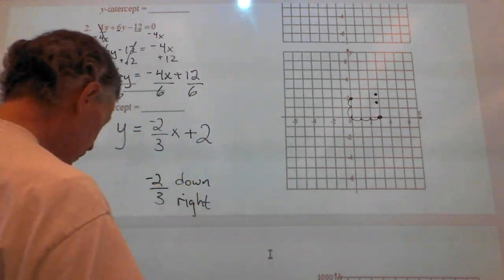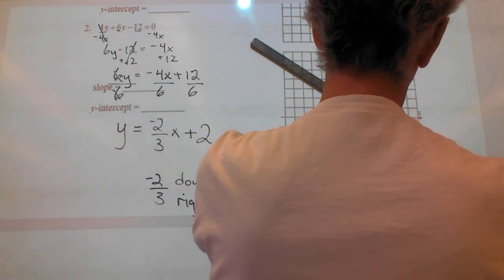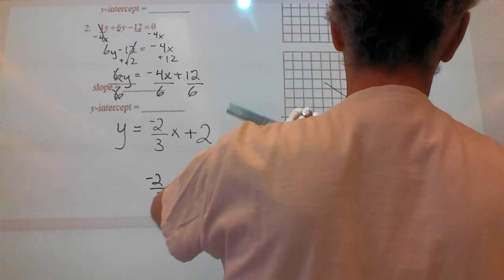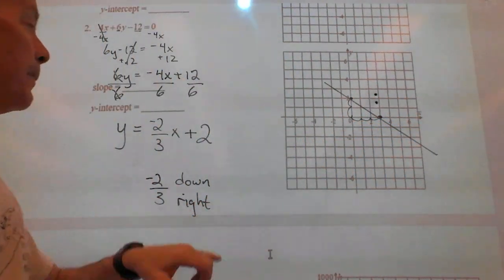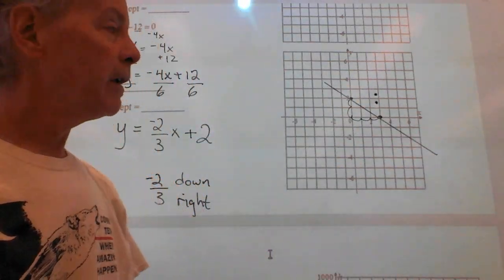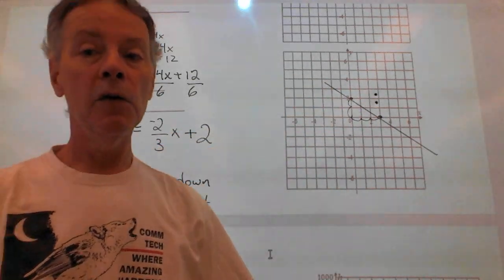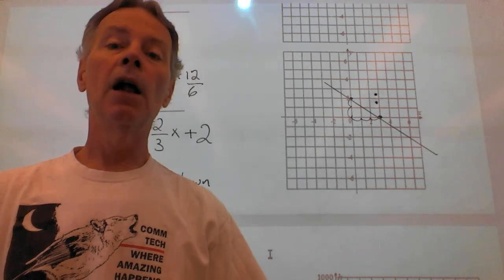There's our point. Join them up. Ta-da! Our slope is negative. Our line is going down to the right. Our y-intercept is 2. It crosses at 2. We are geniuses. And that's the end.